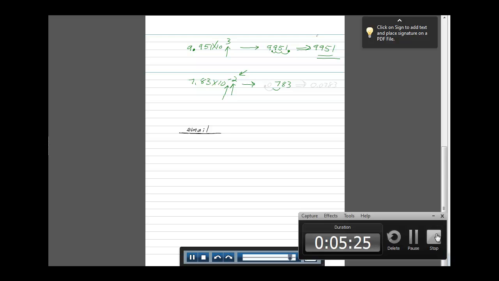So we're going to move it 1, 2. So our decimal point moves 1, 2 times, and our number now becomes 0.0783. And this is how we express ordinary decimal numbers into scientific notation, and scientific notation back into ordinary numbers.